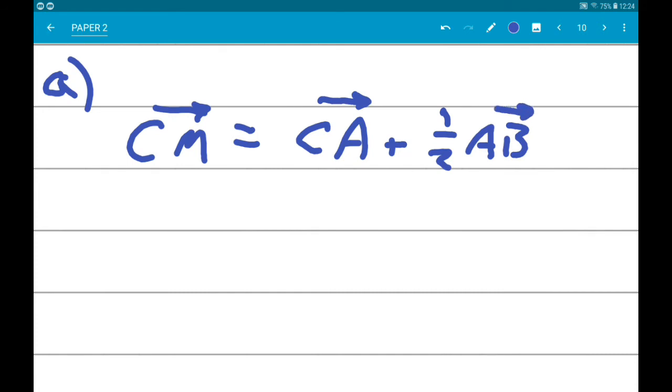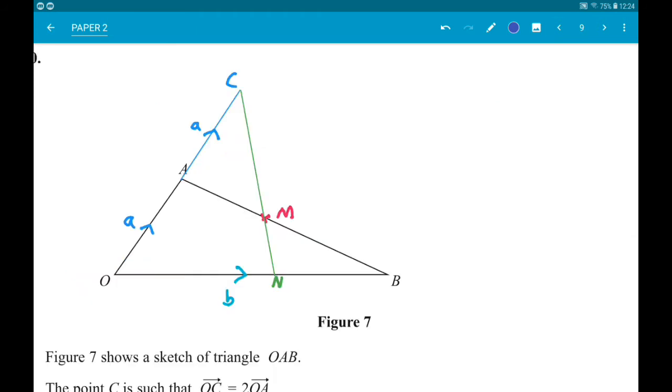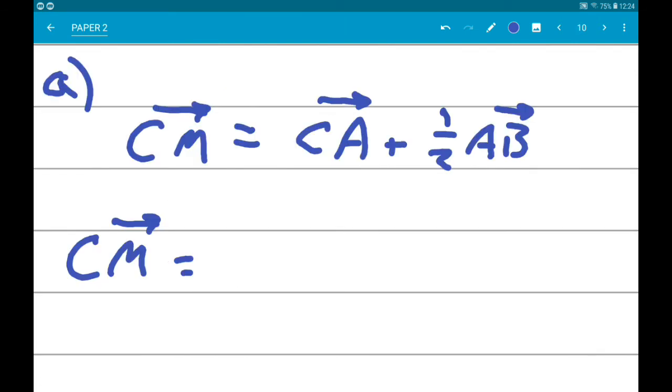Alright, so CM, that's minus a, and then it's plus 1/2 AB.